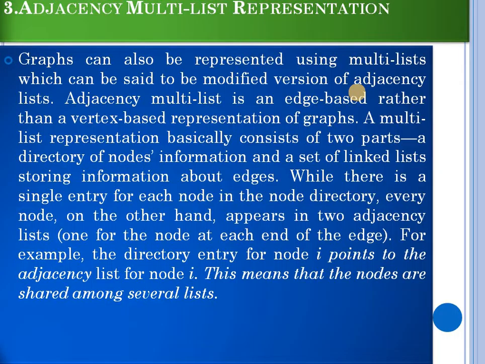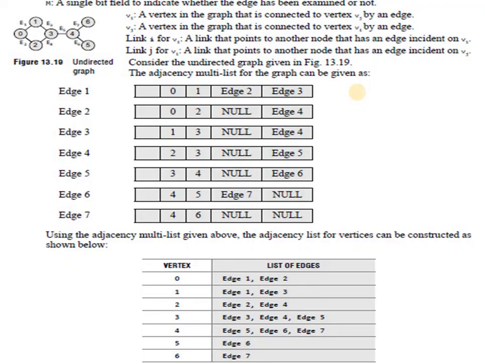There is a single entry for each node in the node directory, but in the edge list we can have more than one entry for a particular node.